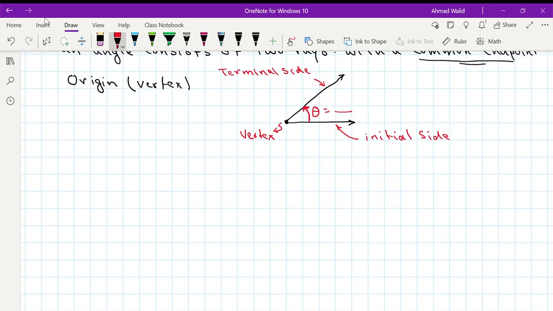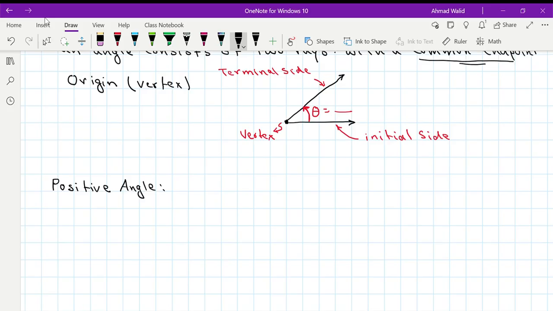There are two types of angles, correct? First, we talk about the positive angle. Which type of angle do we call positive?